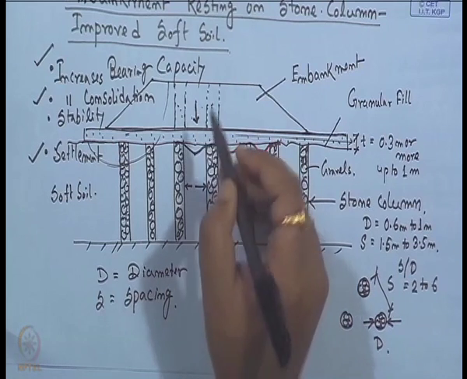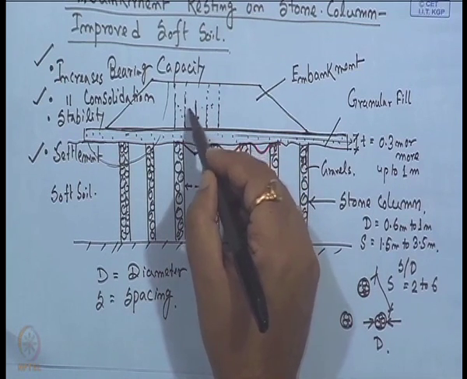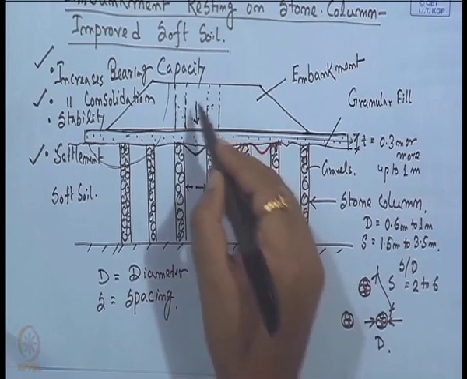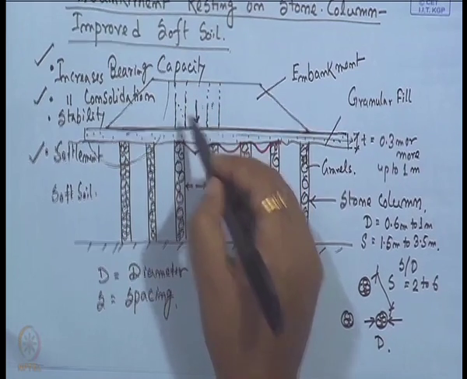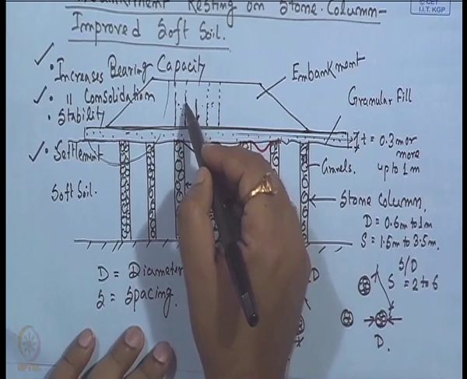Because of this differential settlement in the embankment soil, shear will develop at the interface. Now, the soil has its own shear resistance.